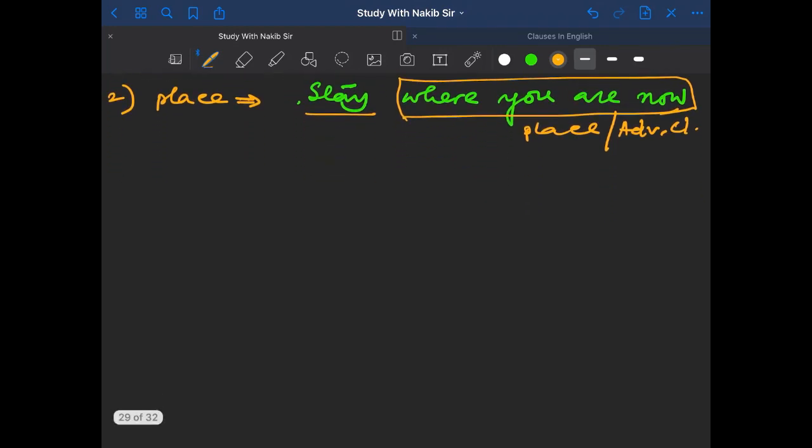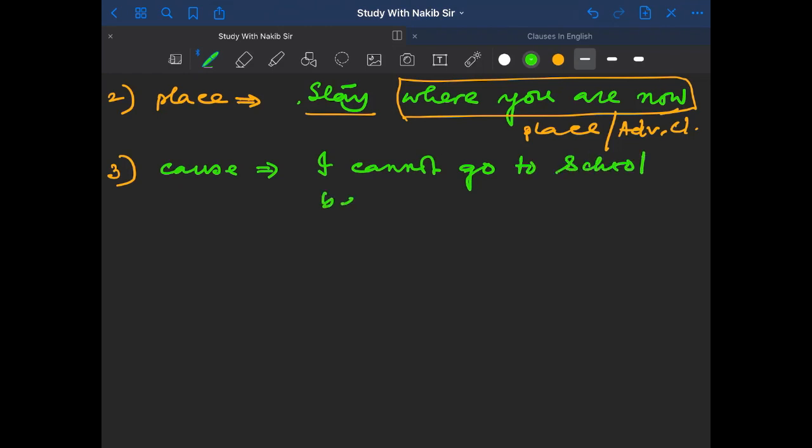Number 3, that is a cause. An adverb clause or adverb indicates a cause. What is the cause? See, I cannot go to school because I am ill.